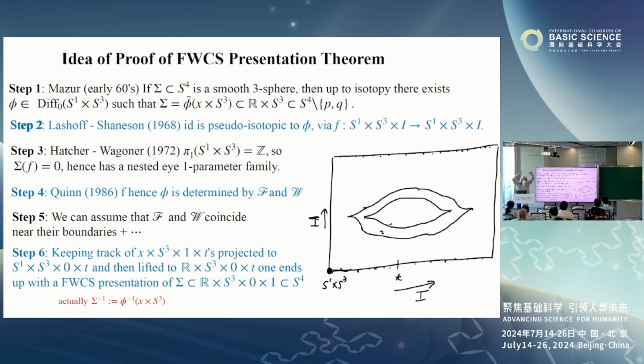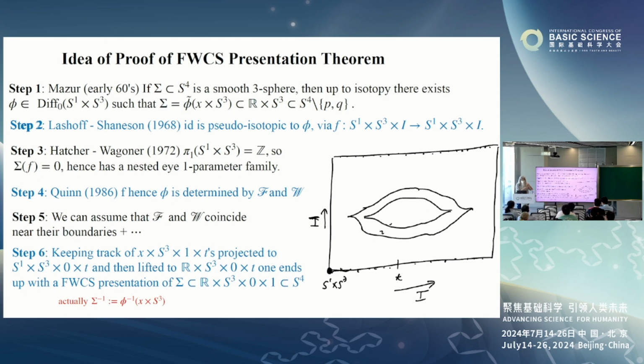Barry Mazur in 1958 showed that if you have a smooth 3-sphere in 4-space, it bounds a topological 4-ball. A very simple consequence of his work is that any 3-sphere in 4-space can be built by starting with a diffeomorphism of S1 cross S3, and just considering point cross S3.